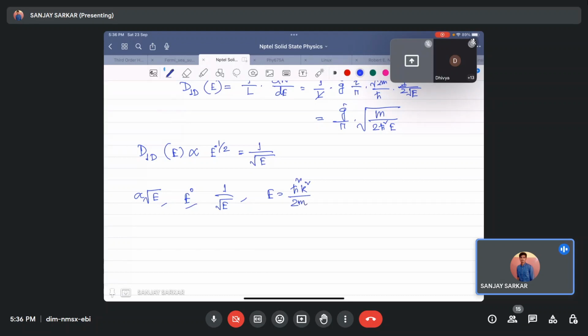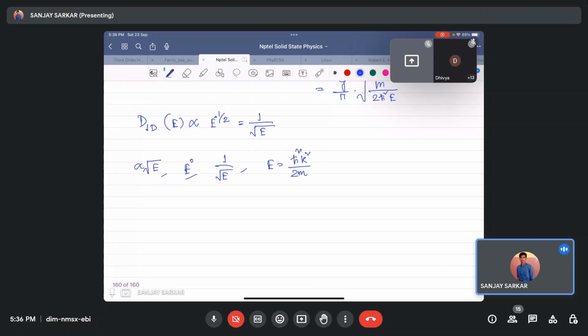Now in a similar way, can you calculate the density of states for a massless Dirac system? So now if I change the energy dispersion, let me write it down for massless Dirac.